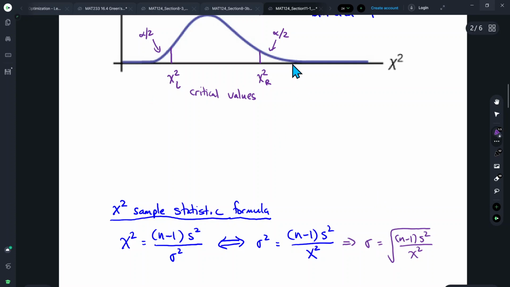To obtain the confidence interval, you plug the critical value into this formula, but the left one becomes the right endpoint.